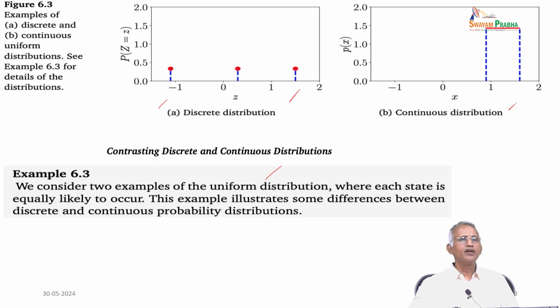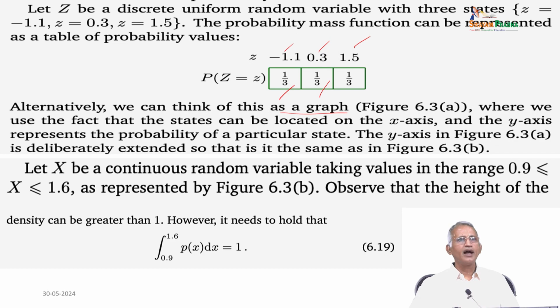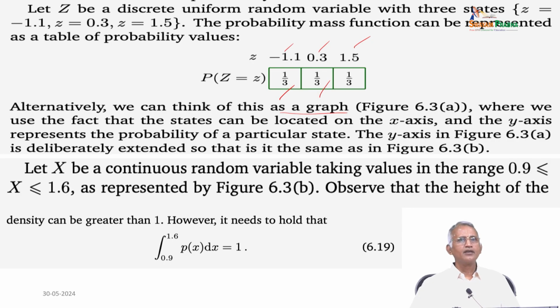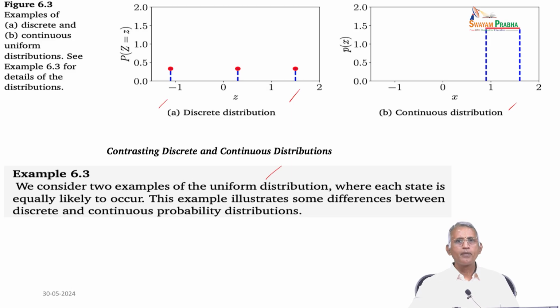This is the representation of the discrete case A, where the states can be located on the x axis and the y axis represents the probability of the particular state. The y axis in figure 6.3a is deliberately extended, and it has the same figure for the continuous case in 6.3b.